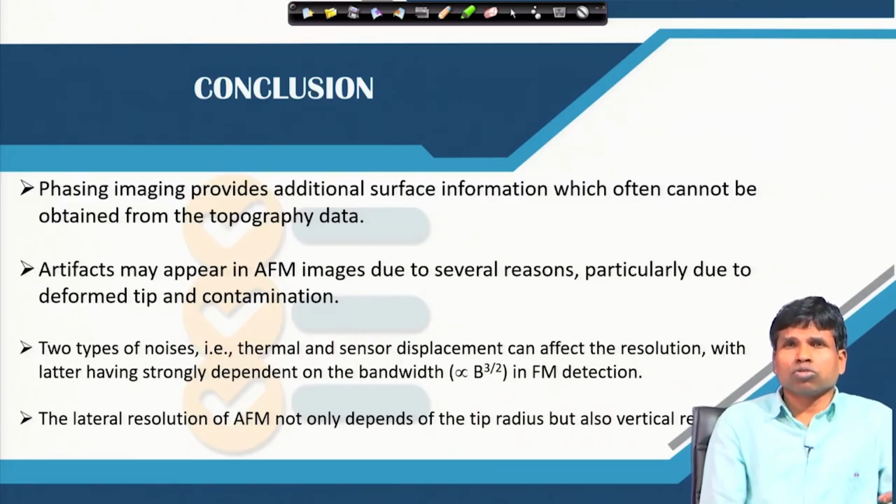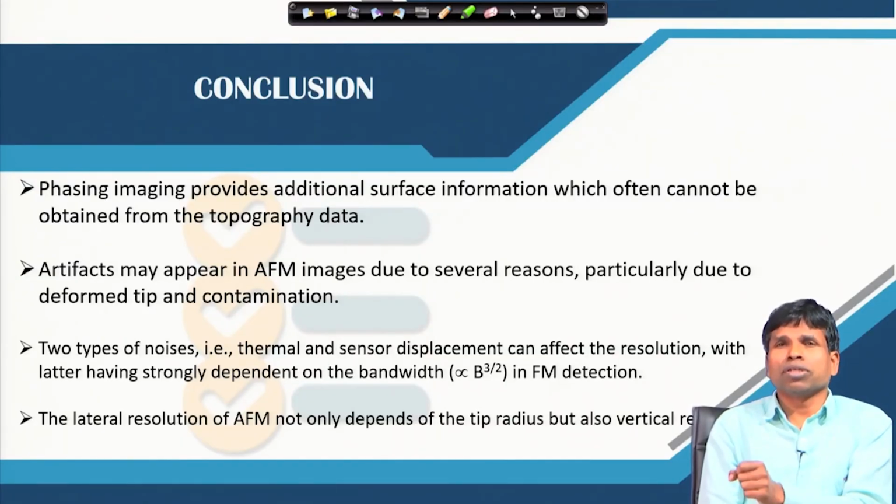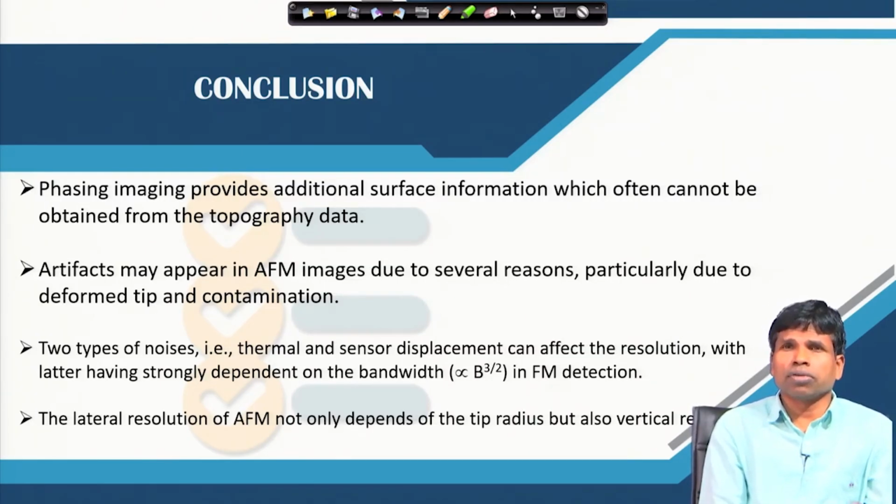Once the tip touches the sample surface, it takes away some of the sample material, and once it goes to other places, the effect of those contaminants comes into the measurements of the force, thereby giving incorrect data or images. And we have seen that two noises, particularly thermal noise and sensor displacement noise, affect the resolution to a great extent, and therefore they should be reduced as much as possible.